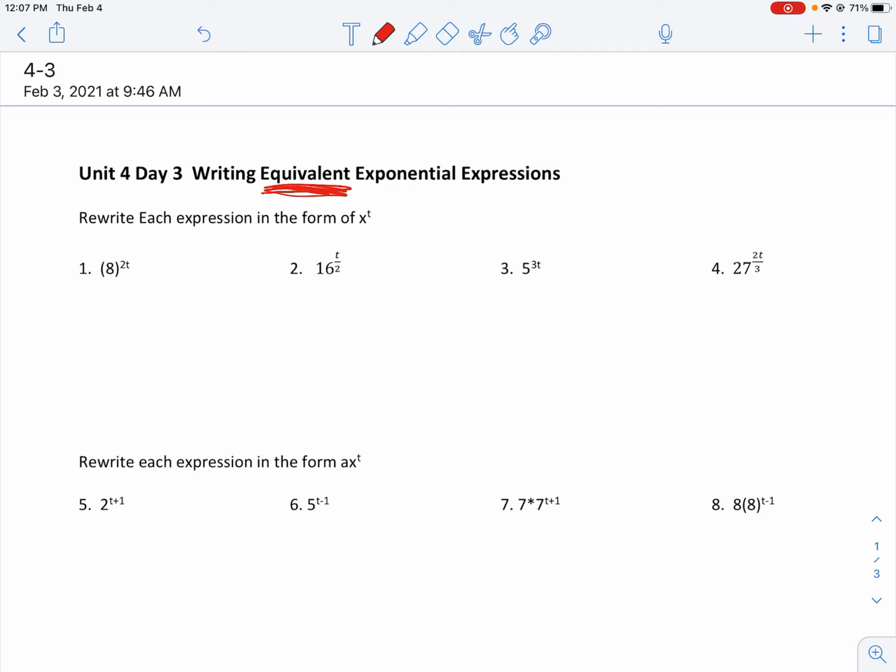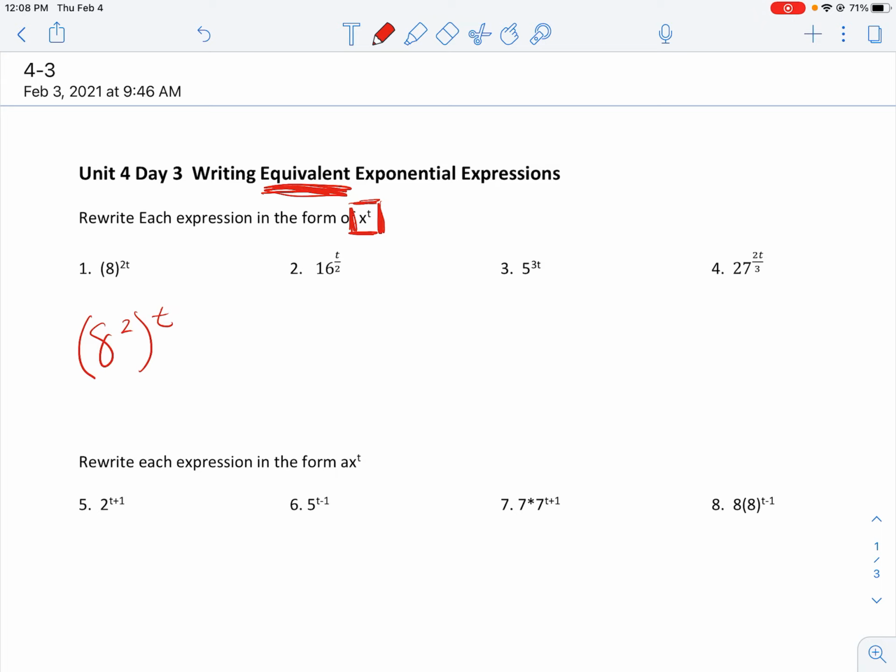So what are we trying to do here? We're trying to rewrite these expressions such that it's in the form of some number raised to the t. If you look at number 1, we have a t here, but we got this pesky 2 sitting in the front. What we can do is move this 2 inside the parentheses and leave that t on the outside.